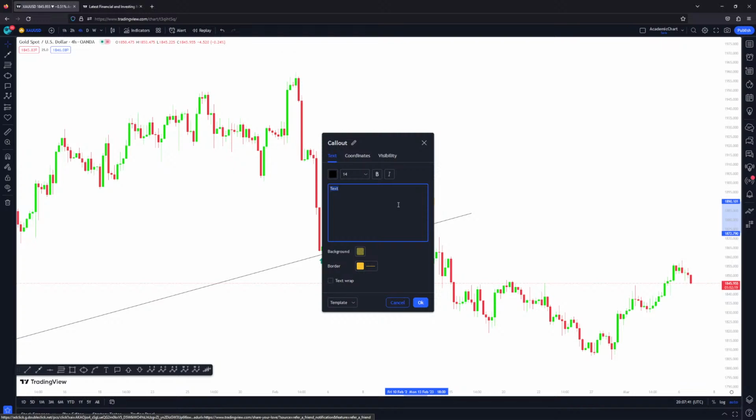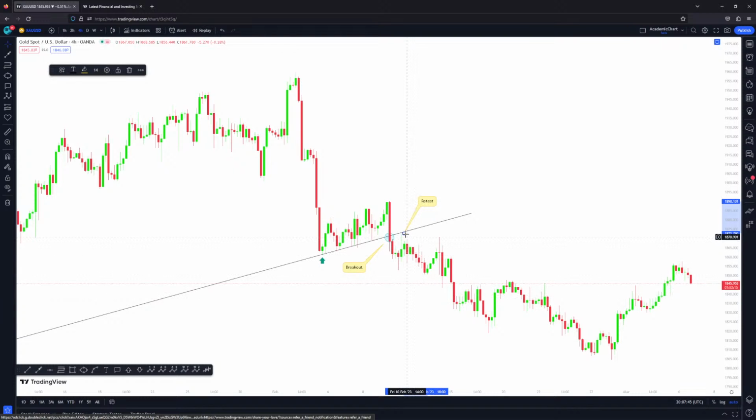It was a retest or confirmation, whatever you call it. This shadow, exactly where I'm pointing, was at the same level of the broken structure, which was the trend line here. And then it was a very, very important indication that it is going to drop.